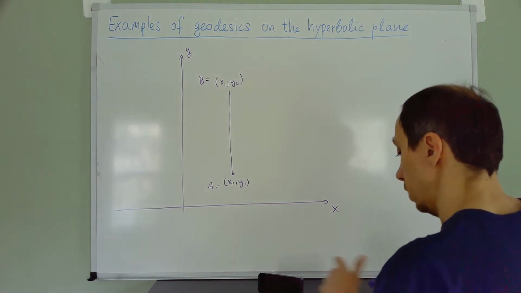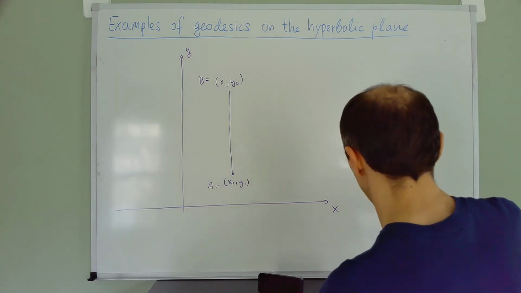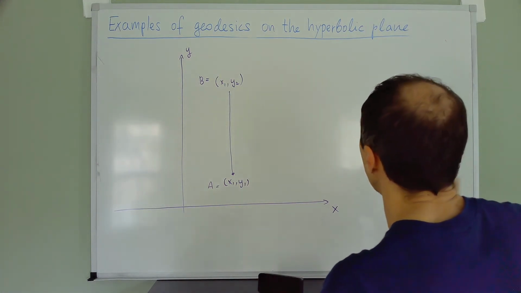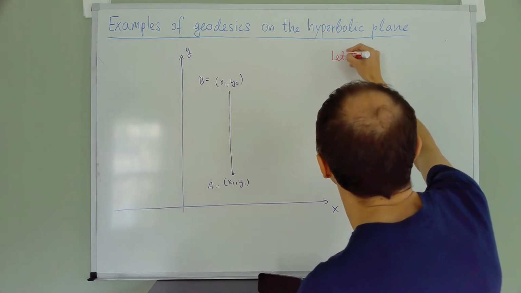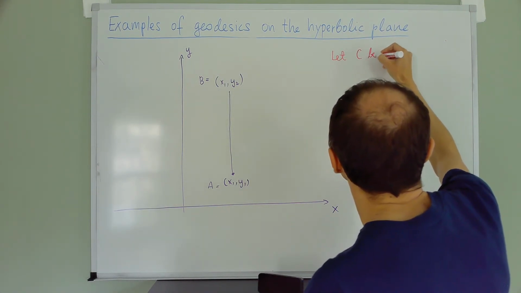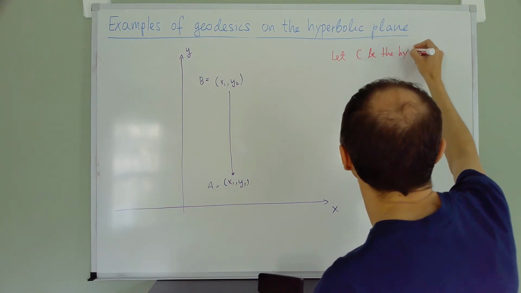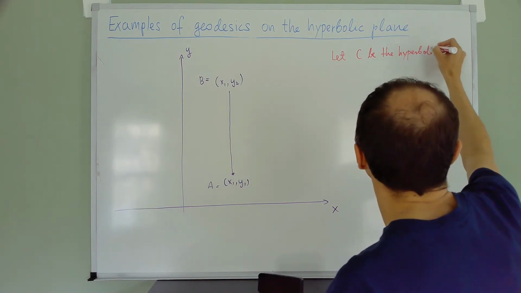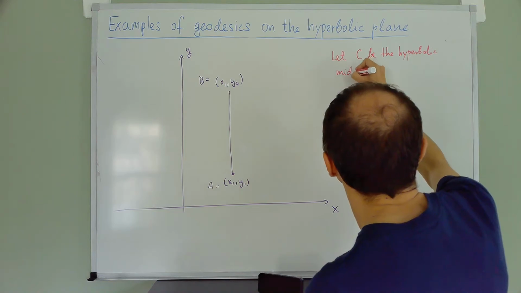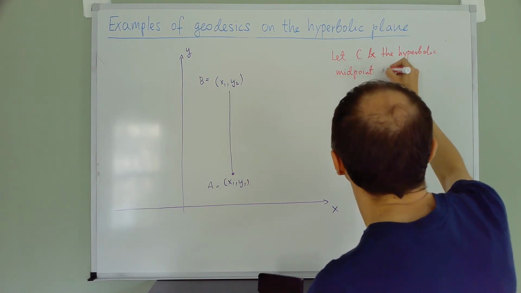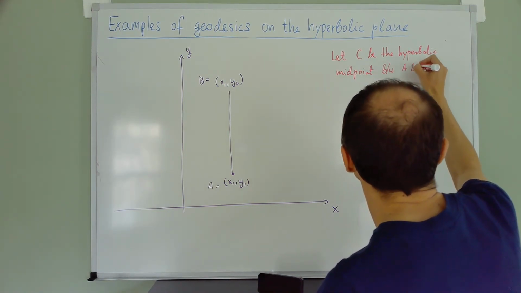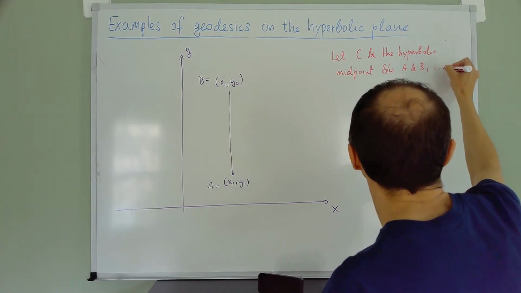So let C be the hyperbolic midpoint between A and B. So what does that mean?